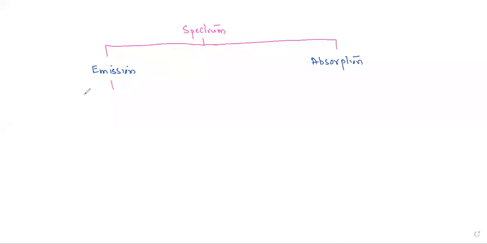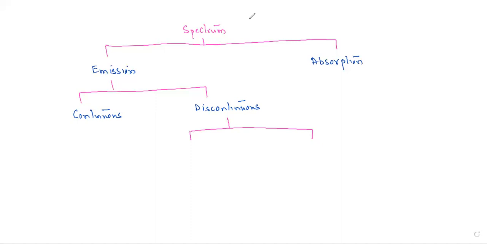Then this emission spectrum is further classified into continuous and the discontinuous spectrum. Now this discontinuous spectrum is again classified into line spectrum and, of course, band spectrum.